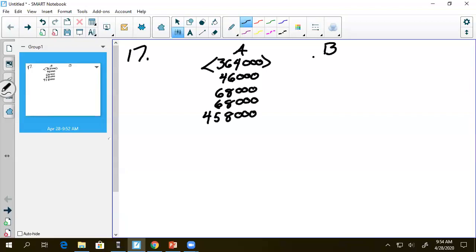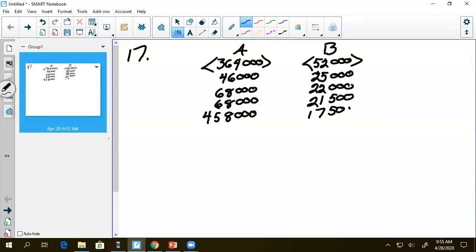Project B has 52,000, and then we have 25,000, 22,000, 21,500, and 17,500. We're also going to be making a decision on which project to take here.